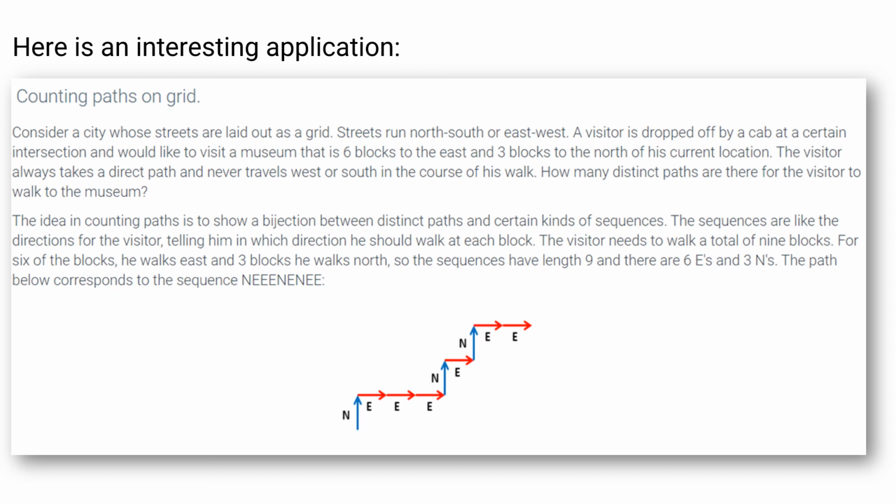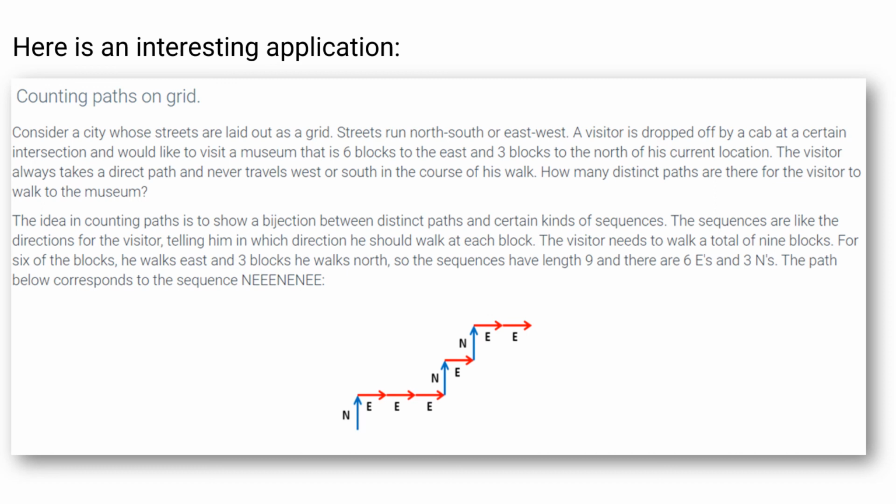So then we would be able to think, well, if that's the case, we've got 9 characters, and 3 of them need to be n's. So we would just take 9 choose 3, right?